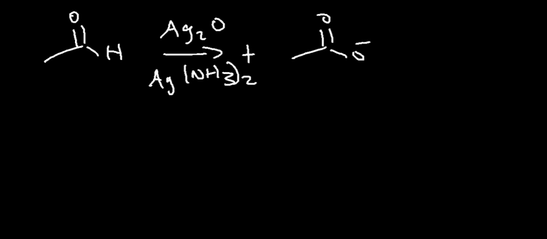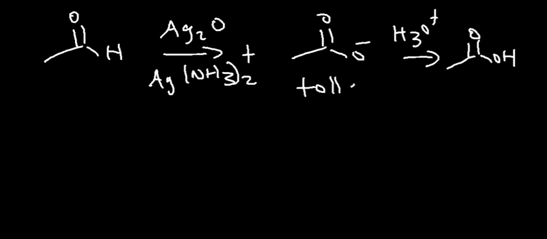Now usually this reaction occurs under mildly basic conditions, so if you want the carboxylic acid, add H3O+. So this is known as the Tollens test, or the Tollens reagent, and it's specific for aldehydes. It does not react with ketones.